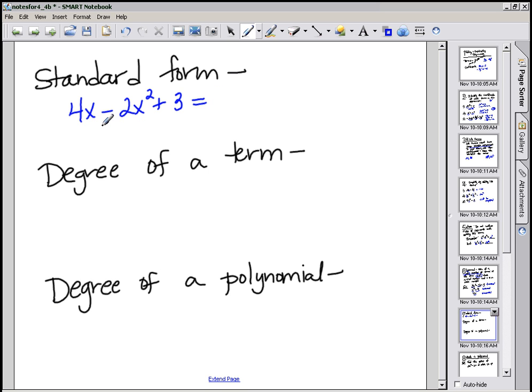So this negative 2x squared term would need to come first, then the 4x, and then the 3. So note I'm going from a power of 2 to a power of 1 to a power of, remember the constant term there is really a degree of 0, power of 0. So standard form just means that you're descending powers.